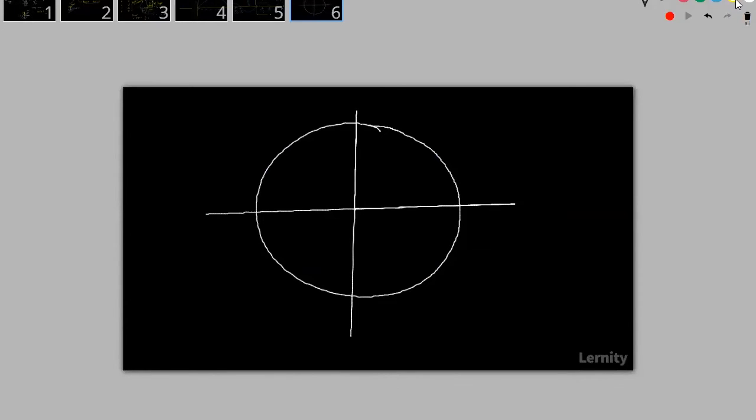Suppose I have started here, and I take this line. I am saying AOB is a triangle. What is the angle AOB? Angle AOB is 0 degrees, so the height is also 0. So the value of sine of 0 degrees is 0. Understood? Fine.